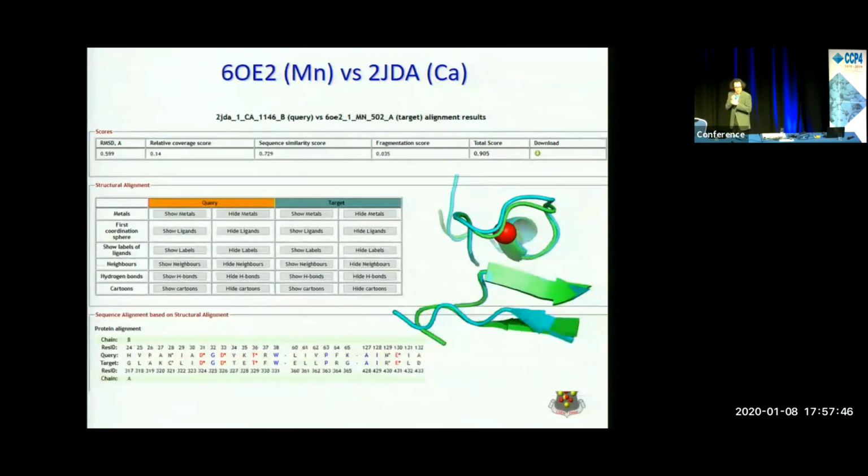If you take the refined structure with manganese that's been deposited last year, again, it's essentially identical, and you get a better view of the beta sheet. So it tells you that anything that you put in that site is actually reasonable as long as it agrees with the data.